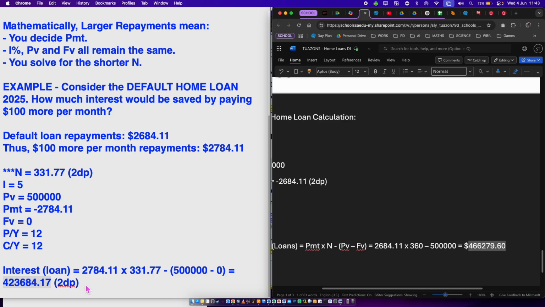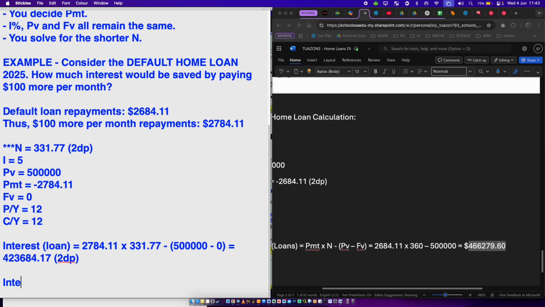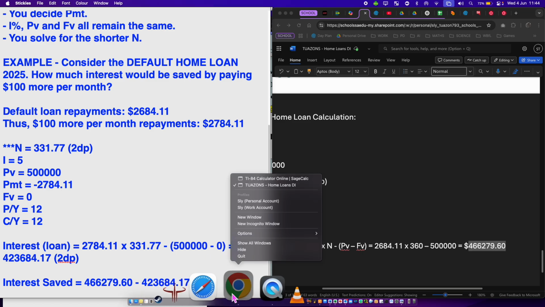Okay? So the next calculation would be interest saved would be 466,279.60. That's the OG minus the 423,684.17. That's with a strategy applied. Calculator.